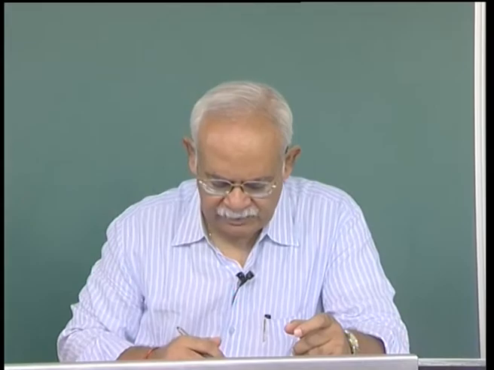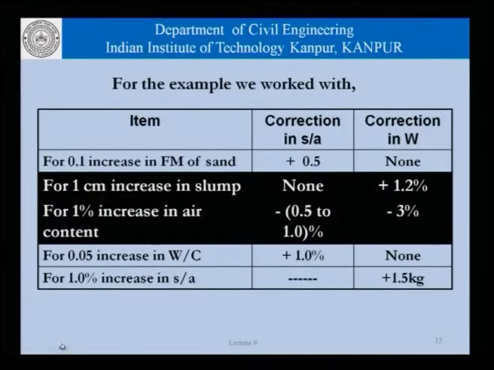Now, how do we implement this in our case? What we had was, we would like to increase the slump by 1 centimeter and we would like to increase the air by 1%. As far as the slump is concerned, we do not need to adjust S by A, but we need to increase the water by 1.2%. At the same time, we want an increase of 1% in the air content.